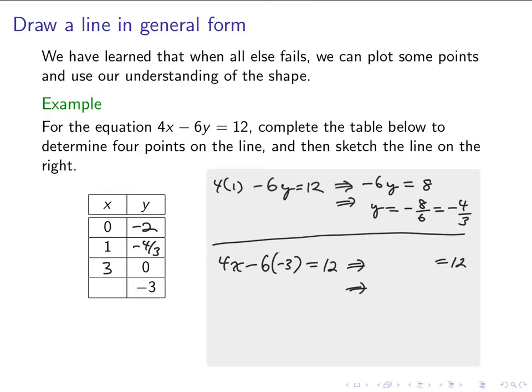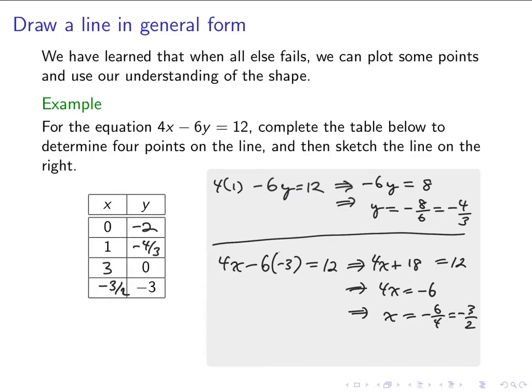So that'll be plus 18. I'll write that down as an extra step: 4x plus 18 equals 12. Subtracting 18 from both sides means 4x should be -6, and dividing both sides by 4 tells us x is -6/4, which is the same as -3/2.